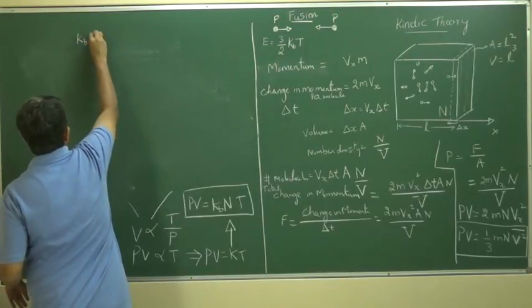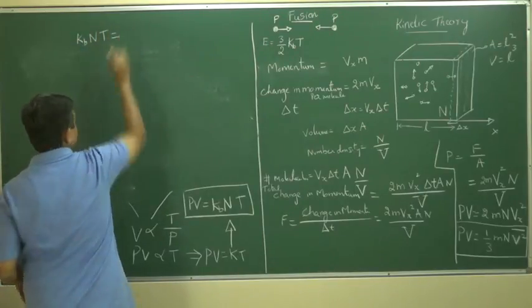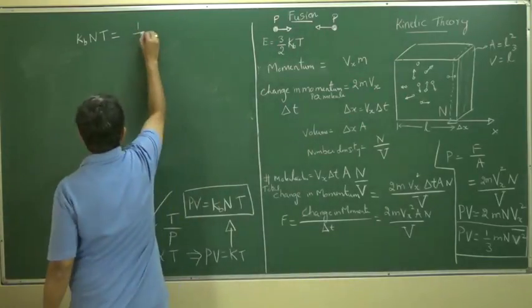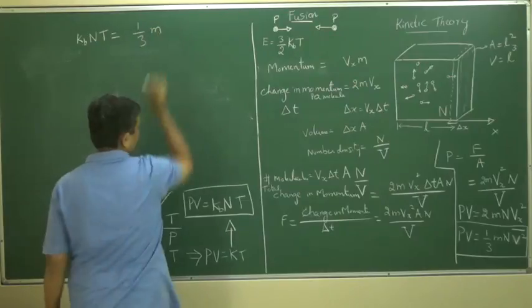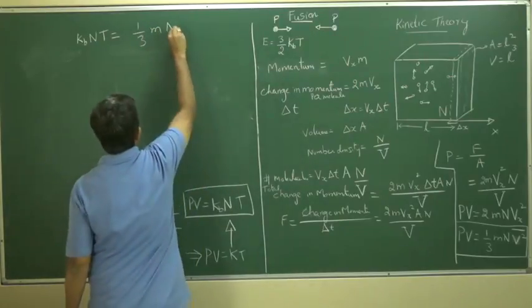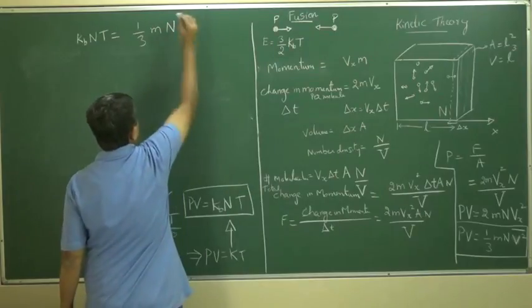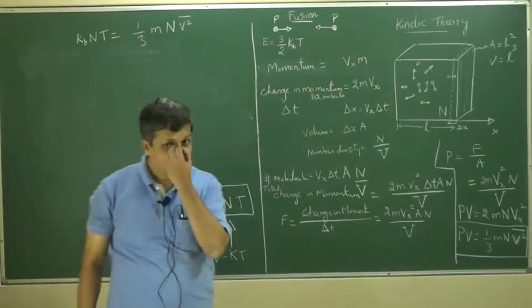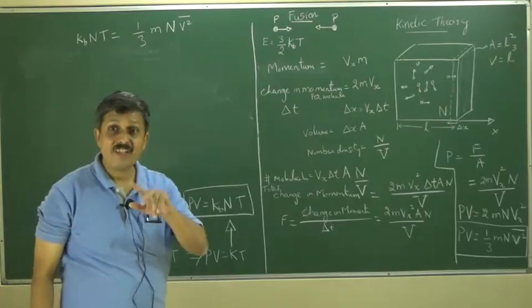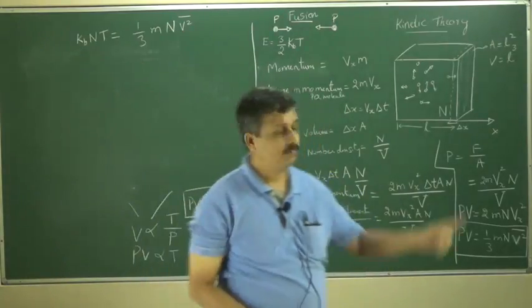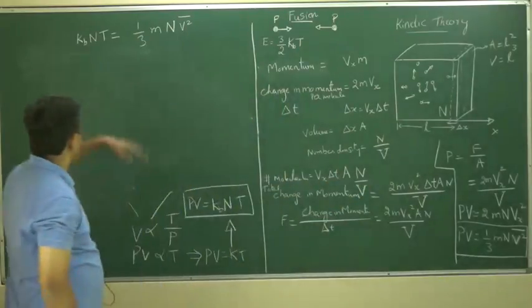kB into N into T is equal to 1 by 3 into m into capital N into average V square. So it is the average of V square, not the square of the average of V. That is why we write it like that. Okay.